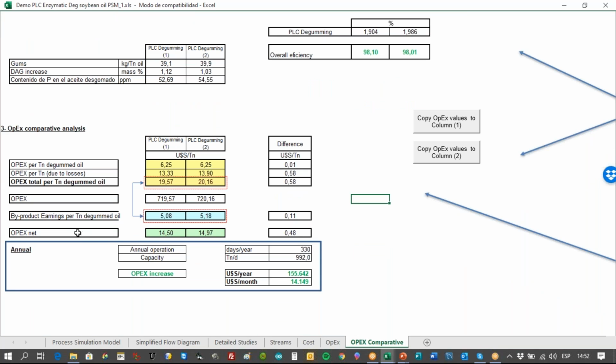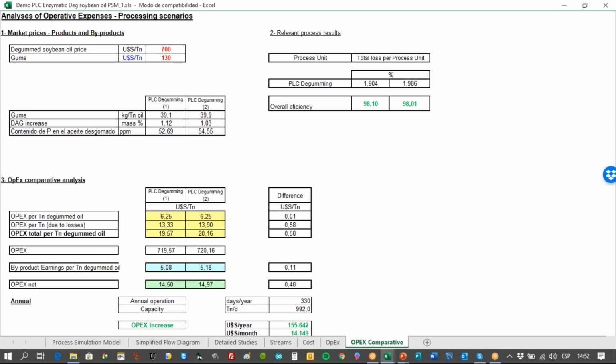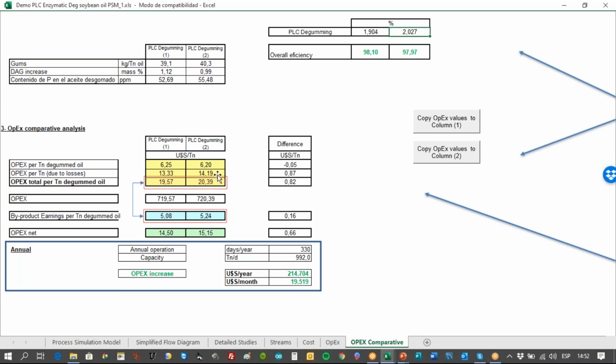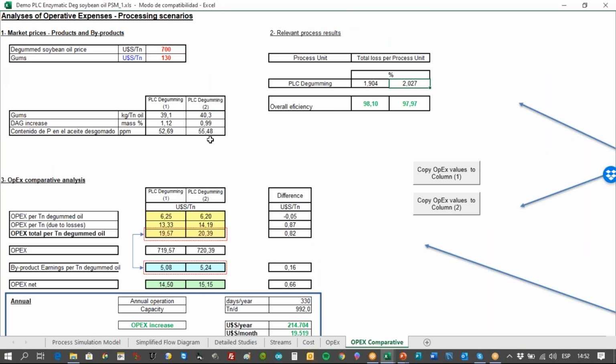Here we have the income from byproduct sales, which in this case are the gums. And finally, I have put the situation comparing both simulations. So I'm going to click here to put all the new values in this second column, which represents all the values from the second simulation run, in which I have decreased the action of the enzyme.